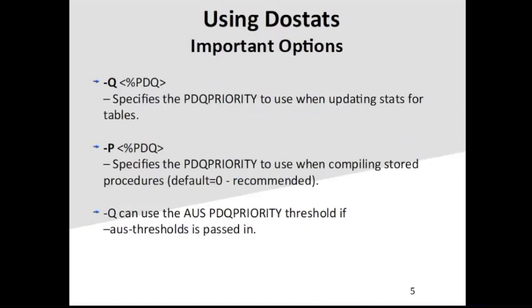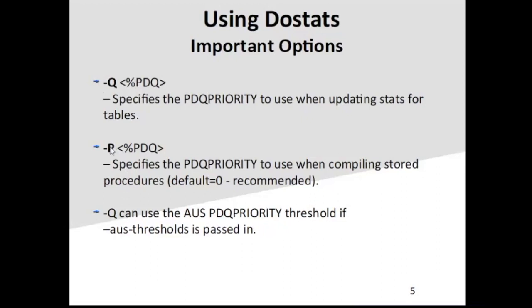So by default, if your PDQ priority environment variable is set, or you use the -Q option here to set a PDQ priority that's non-zero, then when Dostats begins to recompile your stored procedures to run update statistics for the procedures, it will reset the PDQ priority to 0 by default.